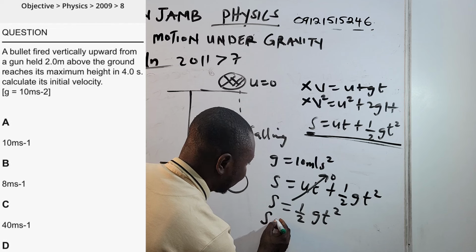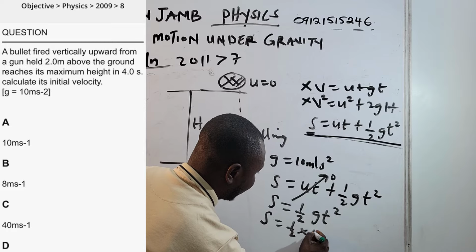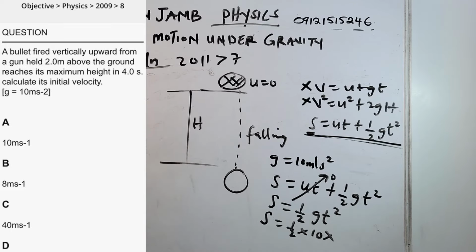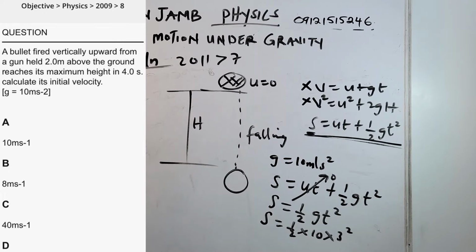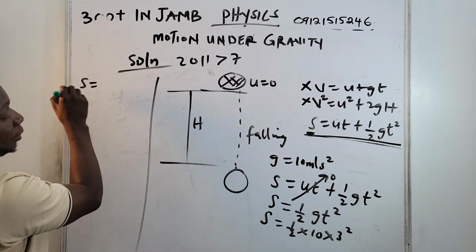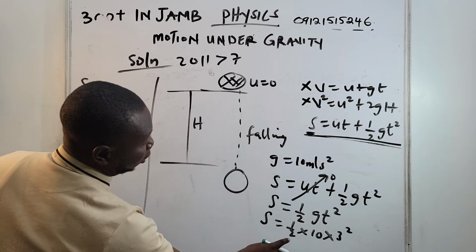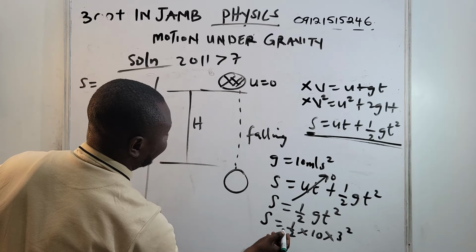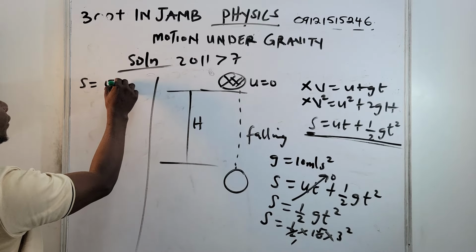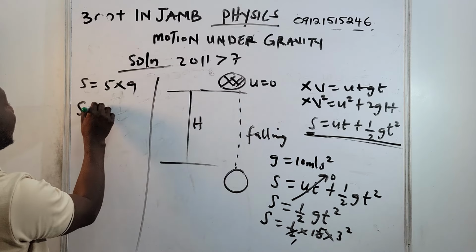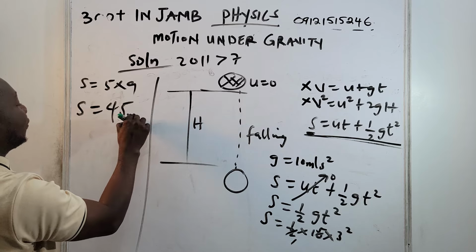Now the distance is 1 over 2 times 10, and the time given was 3 seconds, so 3 squared. Coming over here, we have S equals, 2 into 10, we have 5. So we have 5 times 9. So S is 45 meters.